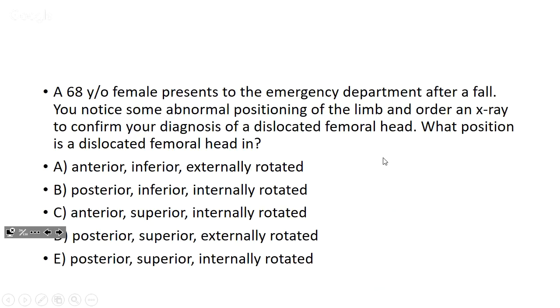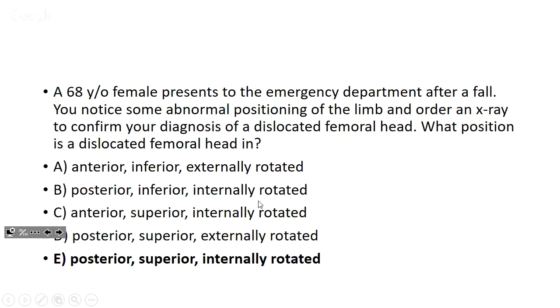Okay, so another question. A female presents to the emergency department after a fall, and you notice some abnormal positioning of the limb. So what sort of position would a dislocated femoral hip be in? Do you remember? Okay, so the answer is posterior, superior, and internally rotated.